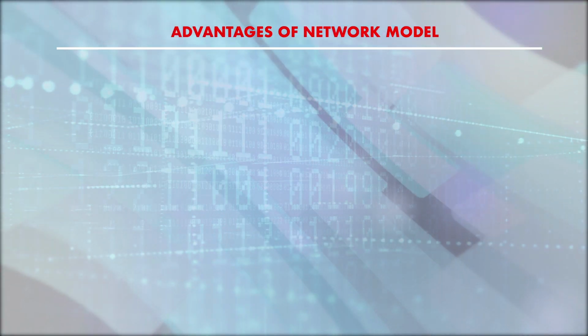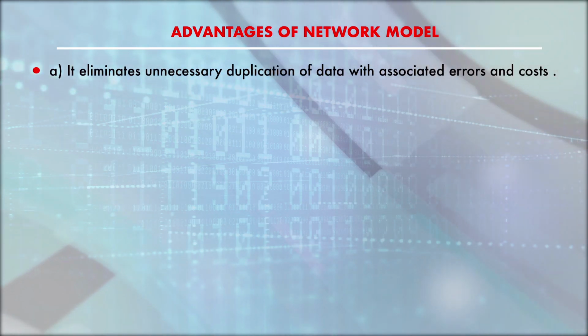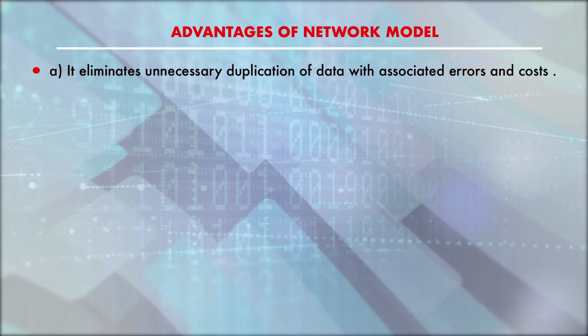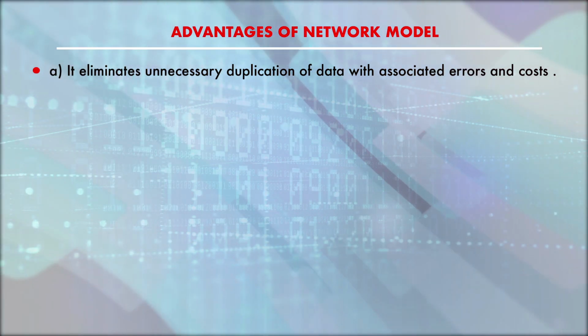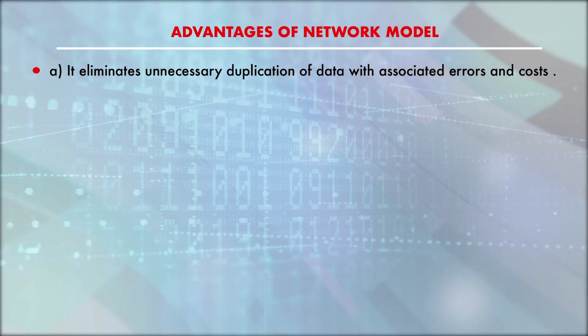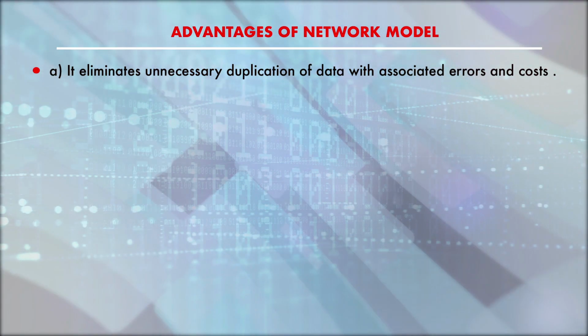An advantage of this particular model is that it eliminates unnecessary duplicate information, because it provides multiple kinds of connections. So, for every connection you don't need to keep the data separately, because one particular node may have a relation with multiple nodes at the higher level of the hierarchy.